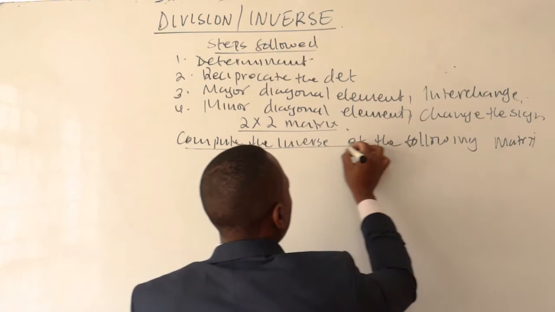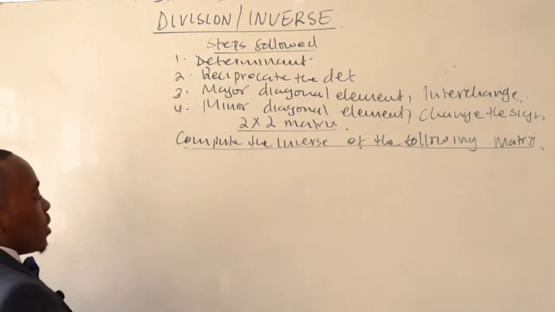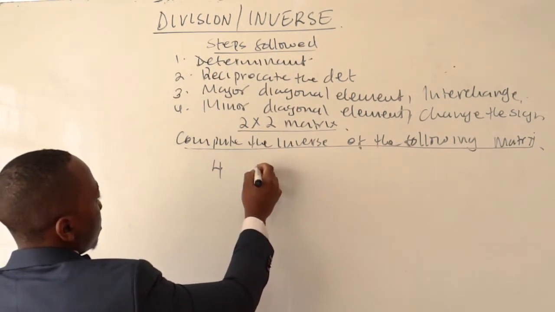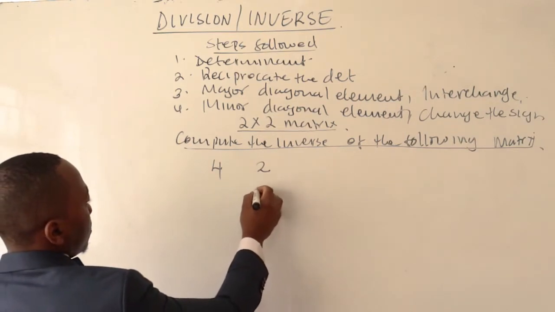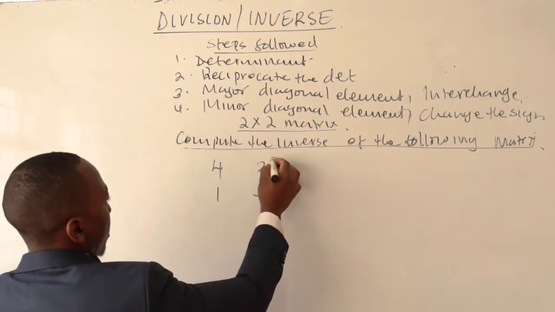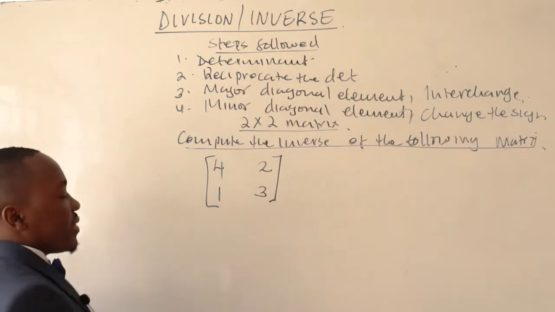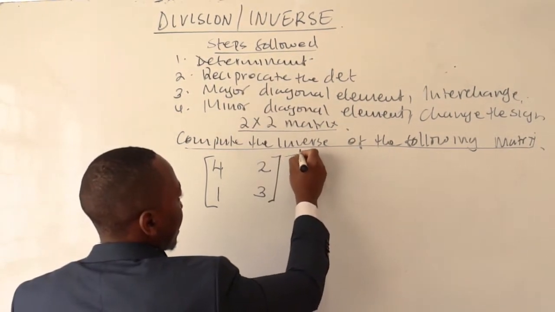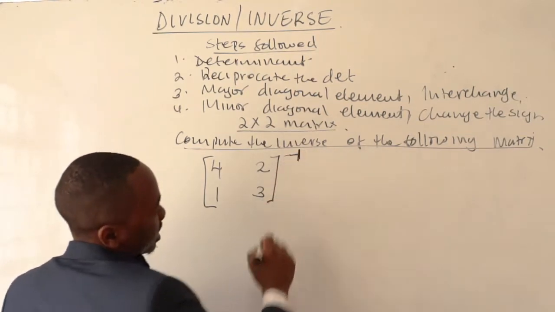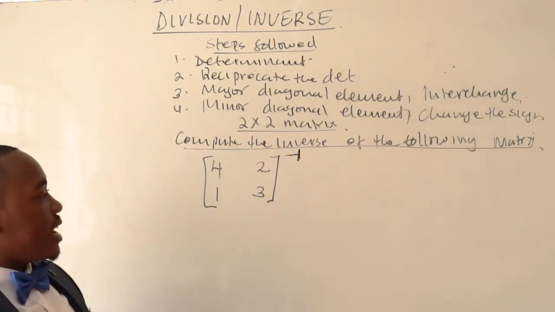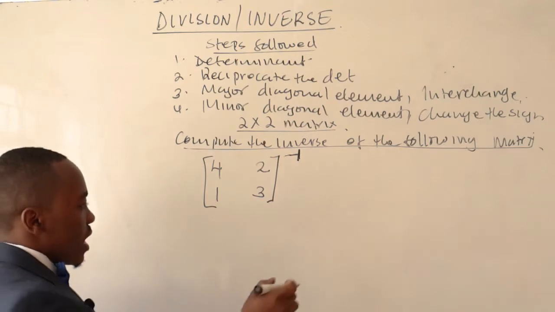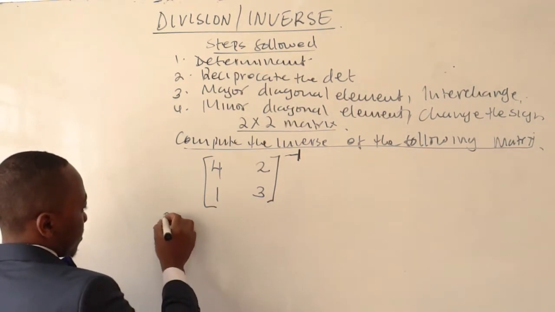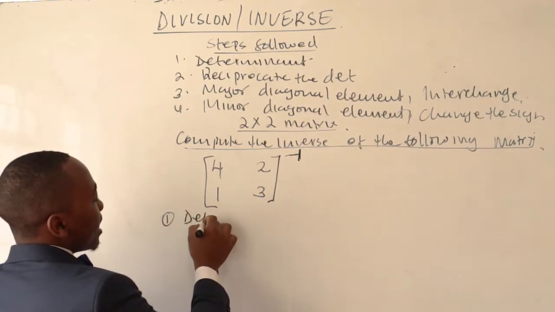You are given 4, 2, 3, 1. The inverse is denoted by this sign, with -1 there. So now, let's get the inverse of that. We have said step number 1, you compute the determinant.